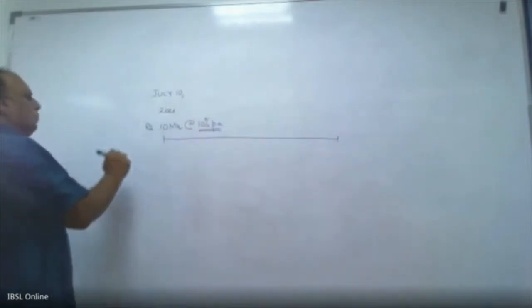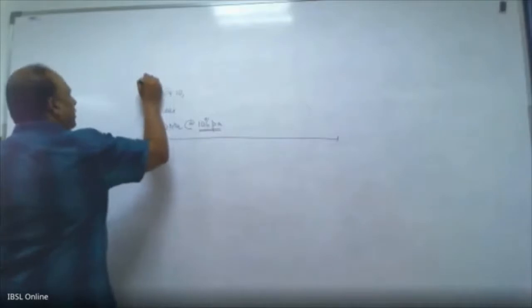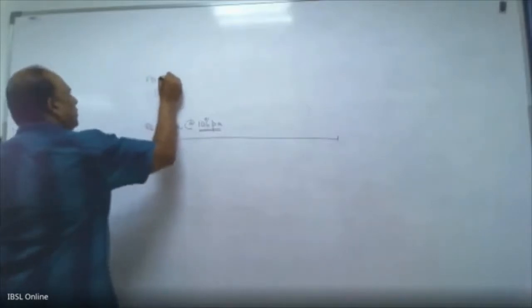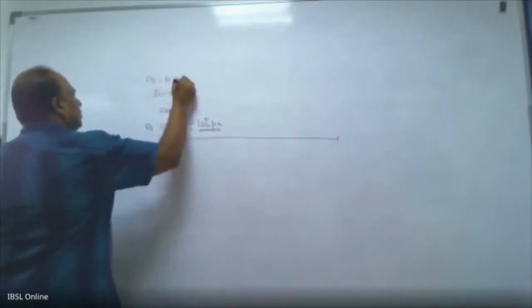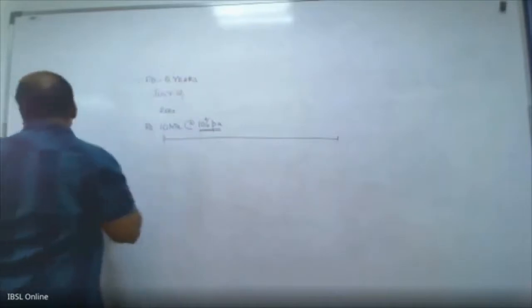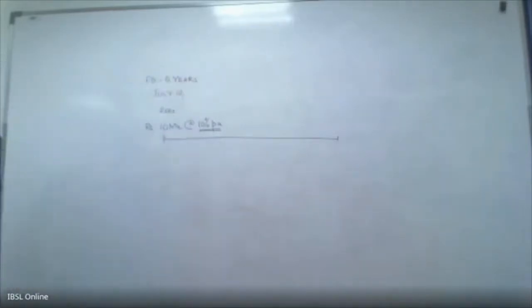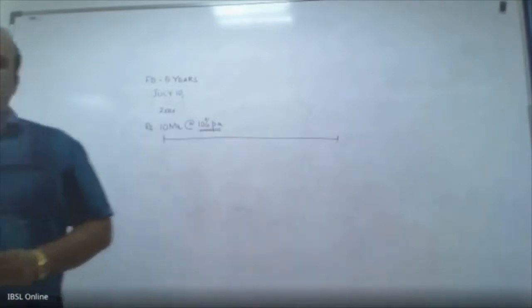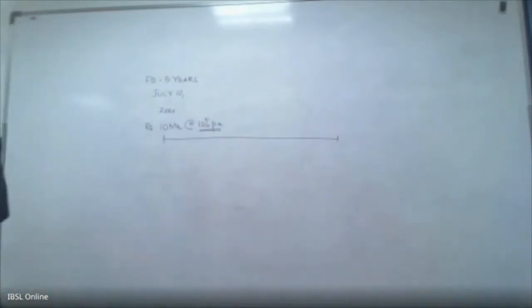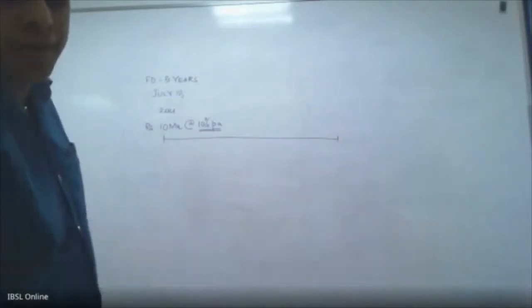And he wants to keep this deposit in a fixed deposit for 5 years. Can we quickly calculate how much interest we should pay?